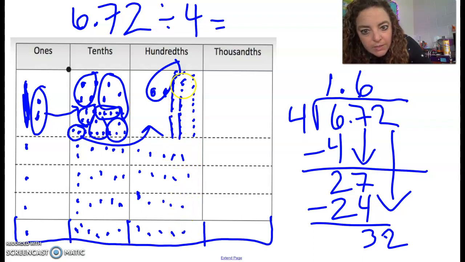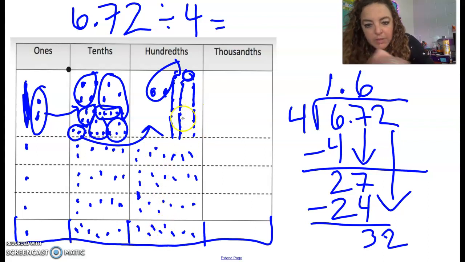Divvying those out as we go. That's this group up here. It's this group right here. And then I have my last group. Okay, so there's my last group.